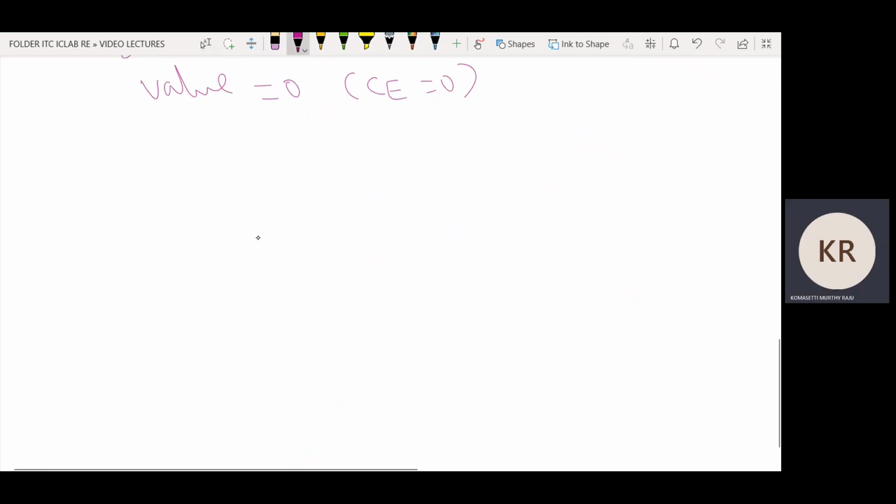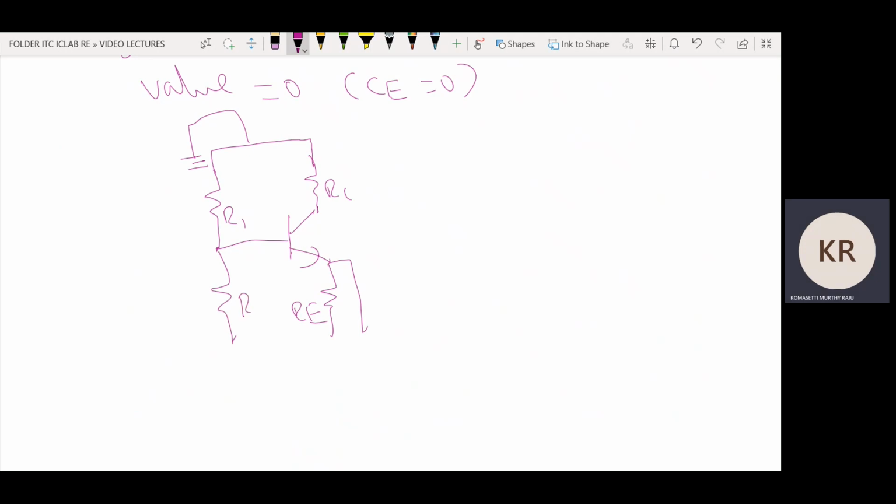Therefore, the redrawn circuit diagram is here: transistor, this one is R1, RC. Set VCC equal to 0 means VCC is connected to ground. This one is the emitter resistance RE. Set CE equal to 0 means a short circuit across RE. This one is R2. This one is base, collector, emitter.